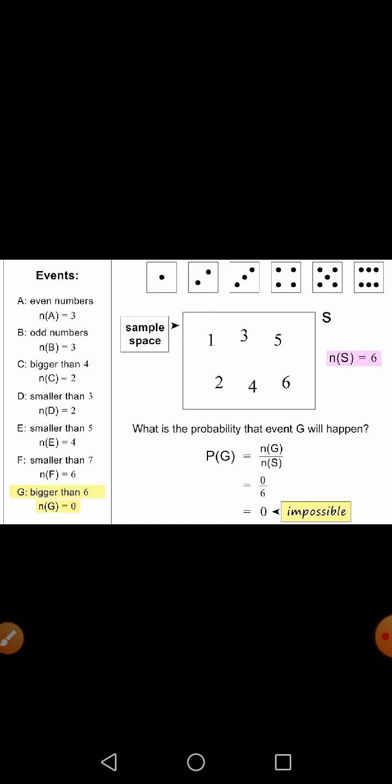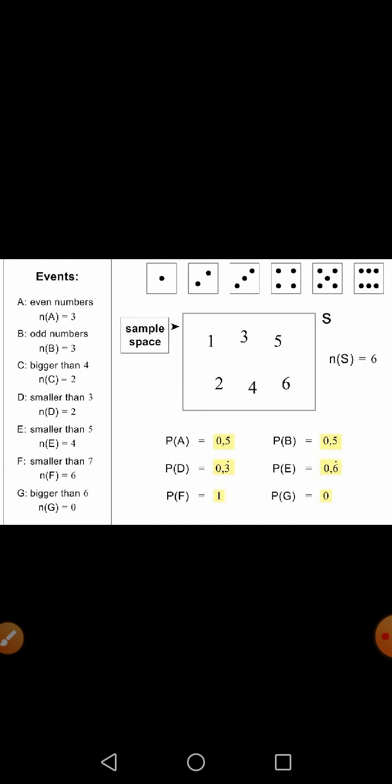So it will be 0 over 6 equals 0. So this event is impossible to happen, okay?